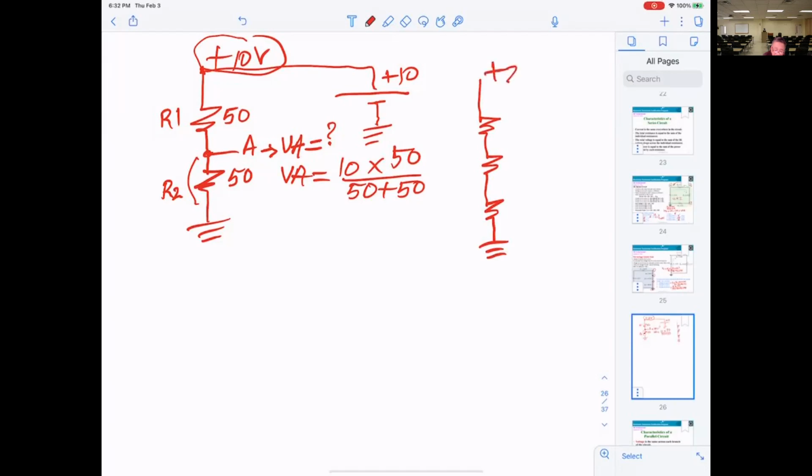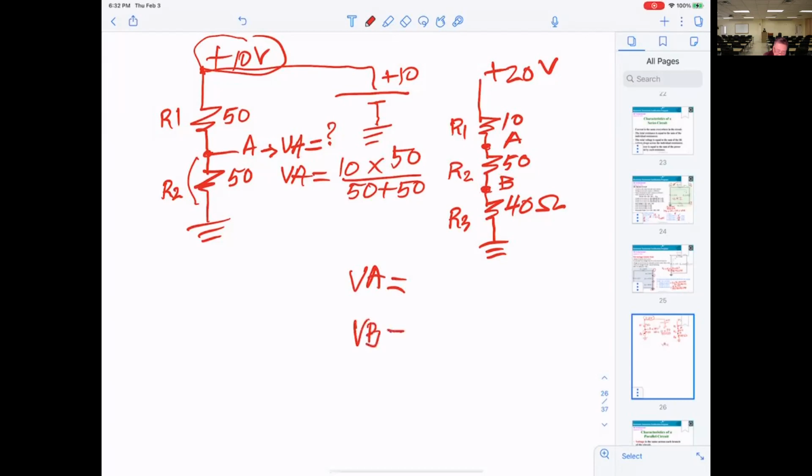Okay, now try that one, the 20 volt. Point A, point B. I want VA and I want VB. Do that calculation. Make sure you understand.